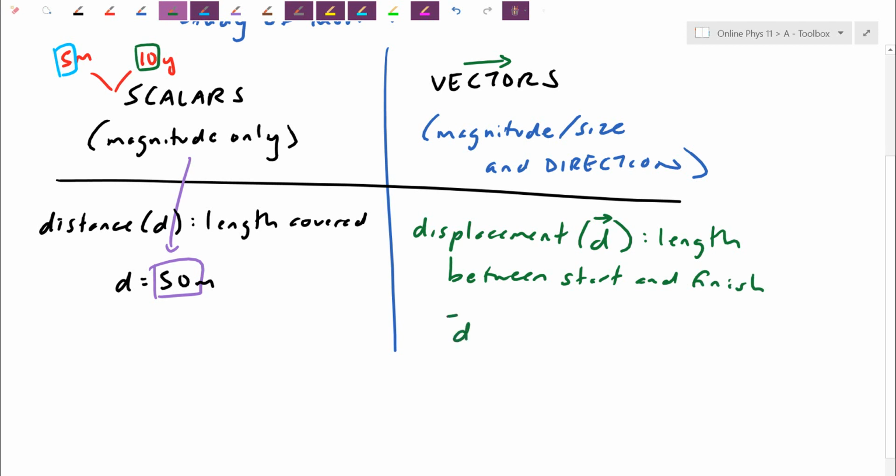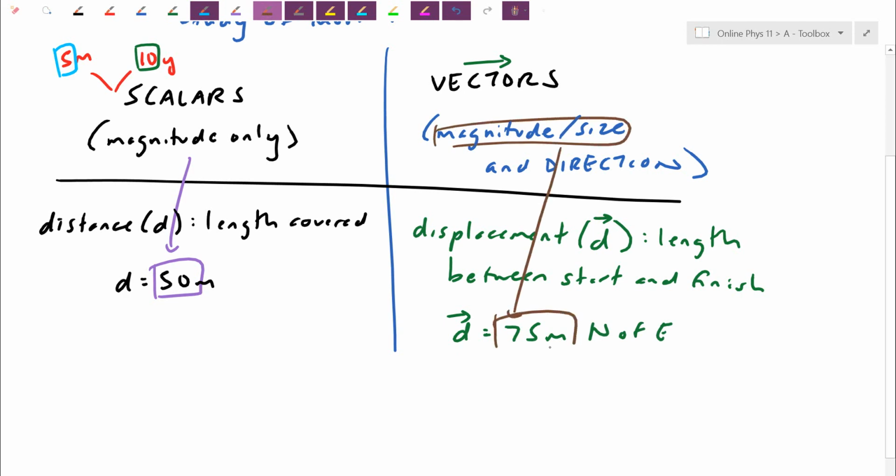Your displacement might look something like, my displacement is 75 meters, and I'm heading north of east. So not only does it have the size and direction, the magnitude part, right, with the unit, it also has some heading. We're going to qualify this a little bit here. In fact, telling you north of east is not good enough. I actually need to tell you how many degrees north of east. But there we go. It actually has direction to it.